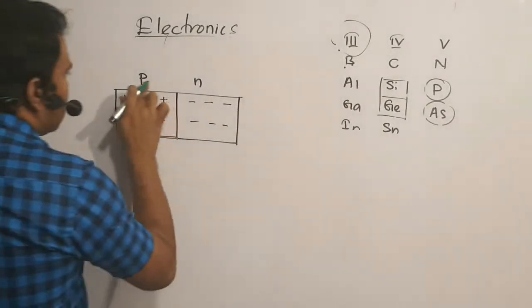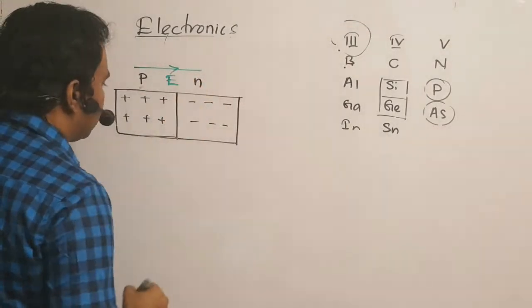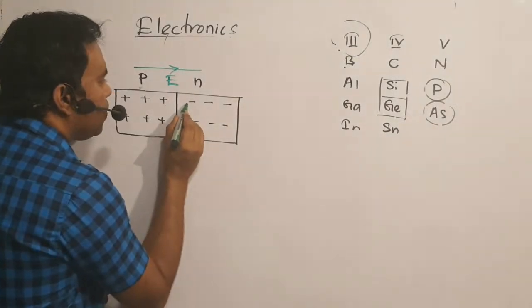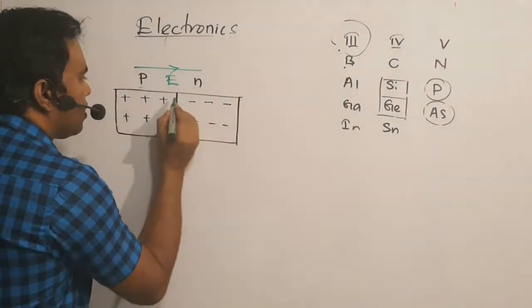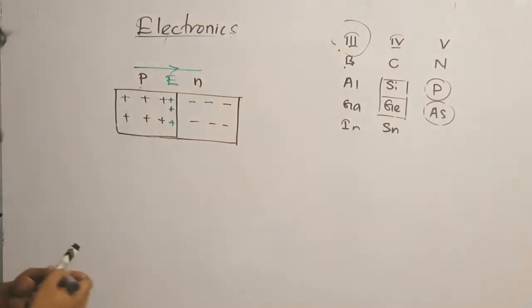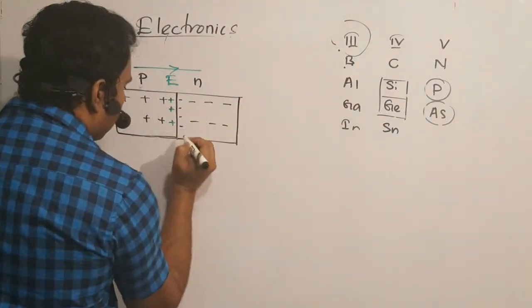But so this positive and negative main electric field exists. As a result of this, electrons or negative electrons start to diffuse to this p side, as well as some amount of electrons can be seen here.